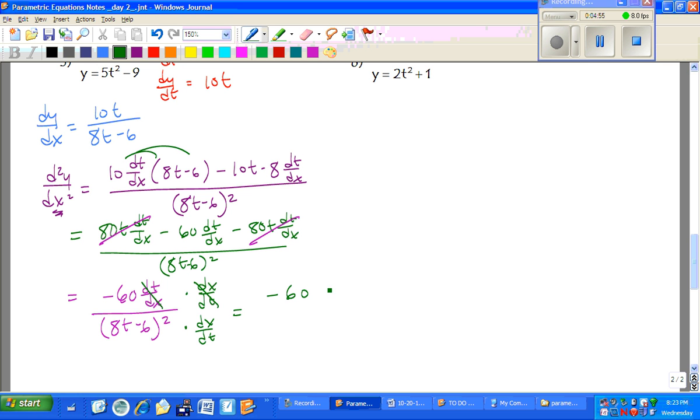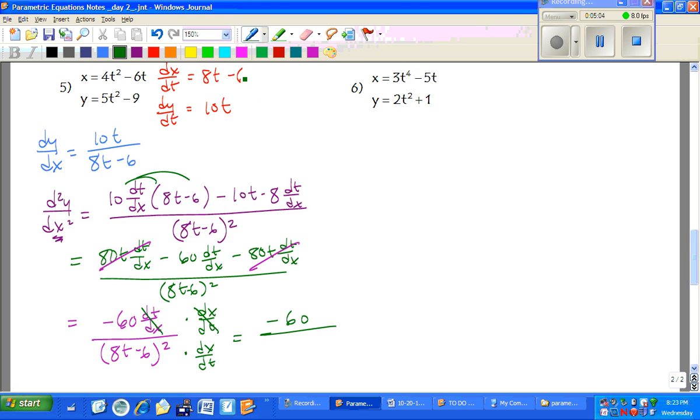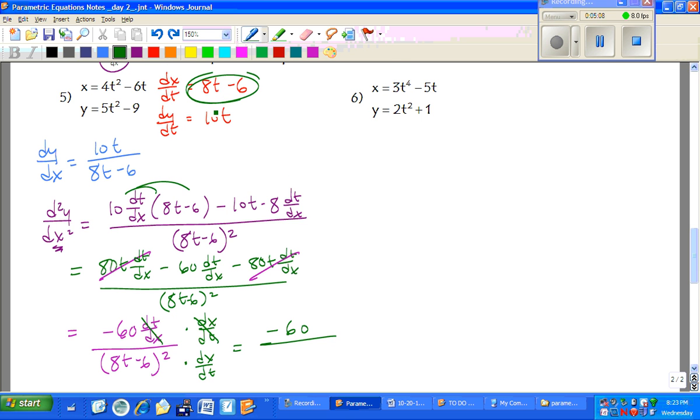All we have left on top is negative 60. Well, we have dx/dt on the bottom, but that is something we actually know already. If you look up here, dx/dt is 8t minus 6. So all we have to do is replace that dx/dt with 8t minus 6.